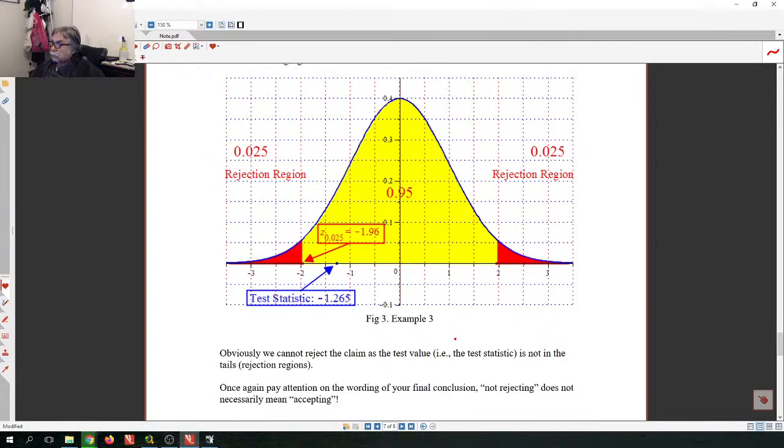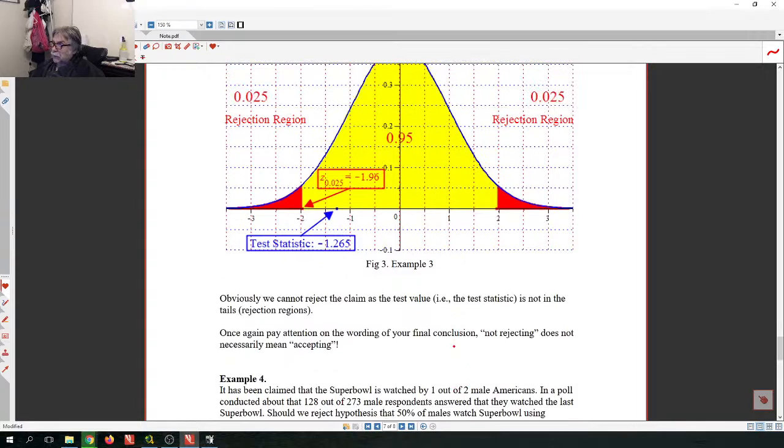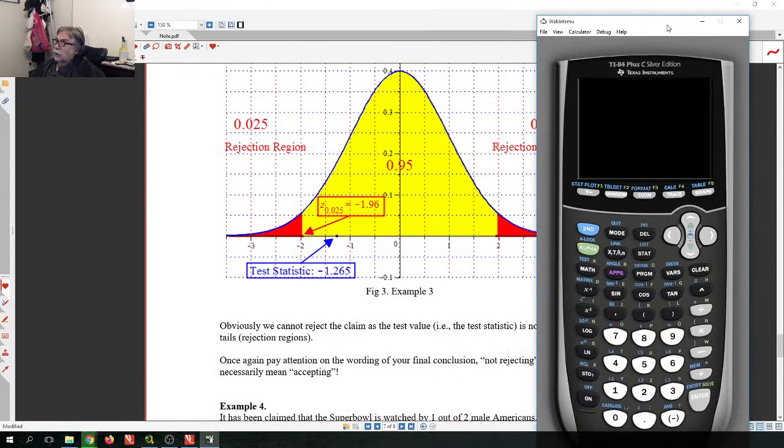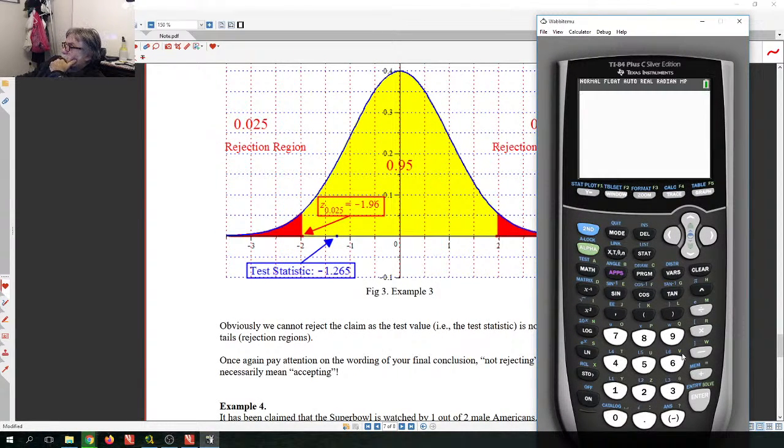Okay? And again, you can possibly get this calculator. I'm going to show you how to use it with a calculator, and you're going to have the same conclusion. So in the calculator, we'll be doing the statistical testing. We'll be testing for proportion, and of course we are using z-test.